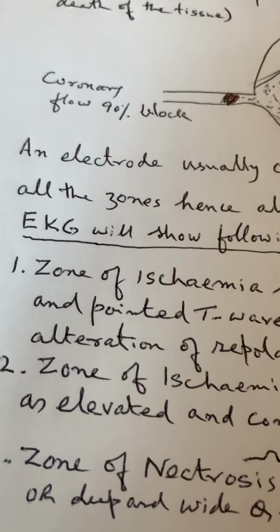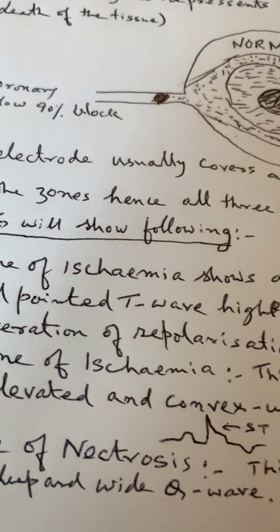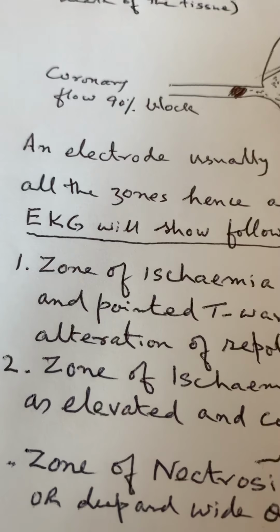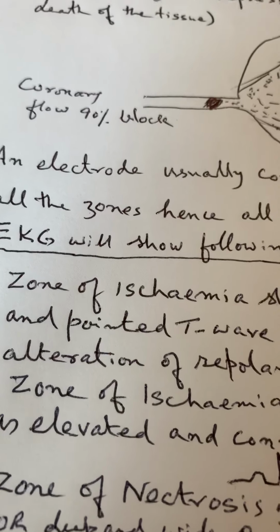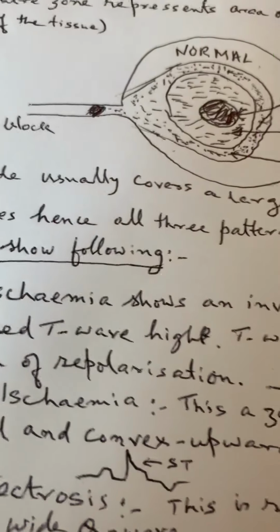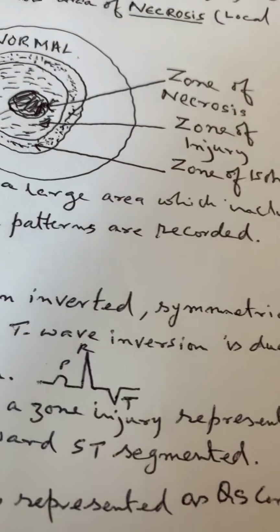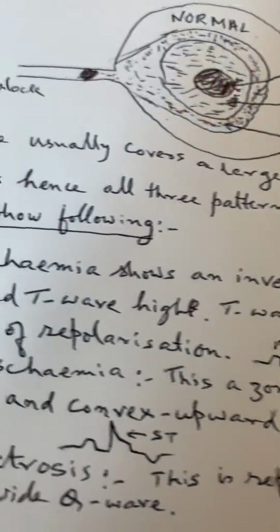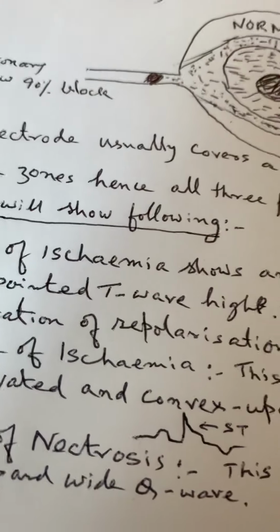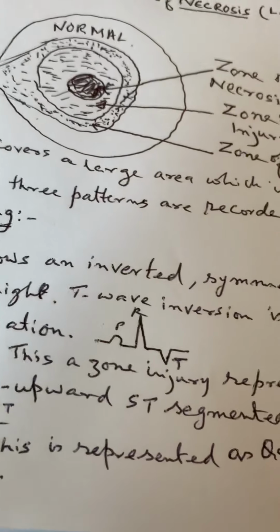Then comes the zone of injury. It should have been zone of injury, not ischemia. Second is the zone of injury. Here this zone of injury is represented by elevated and convex upward ST segment changes.